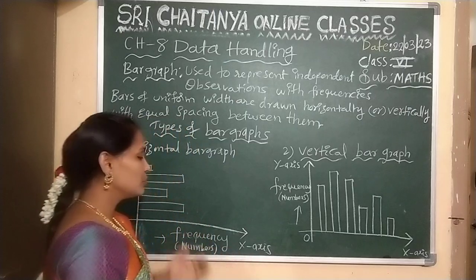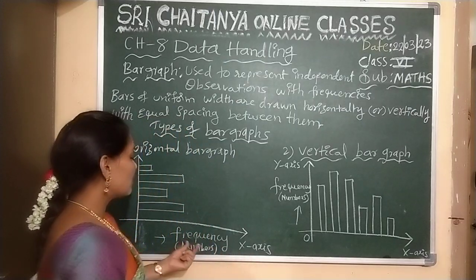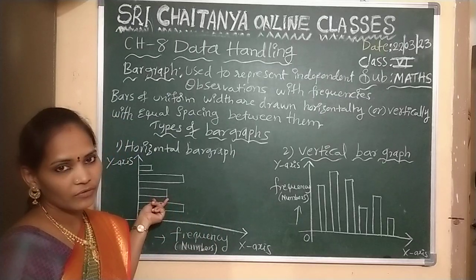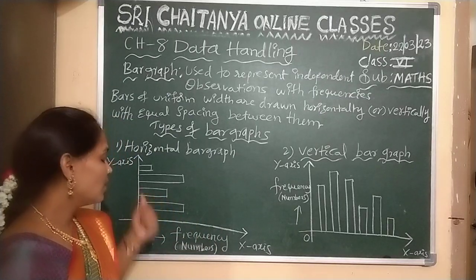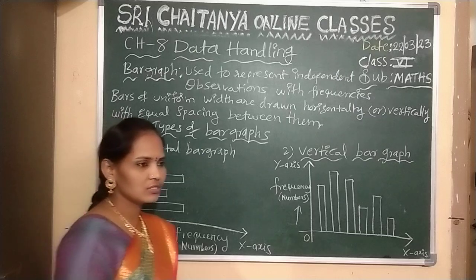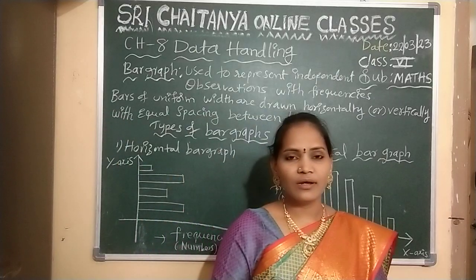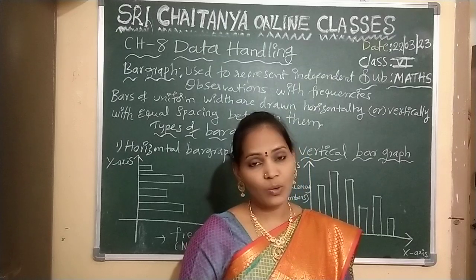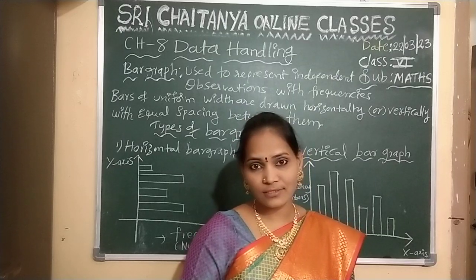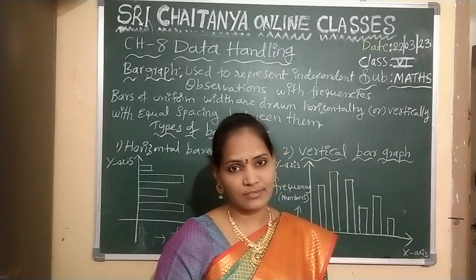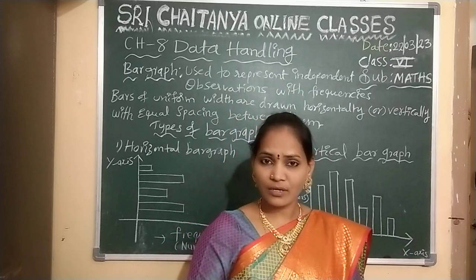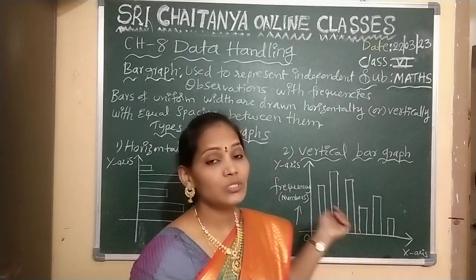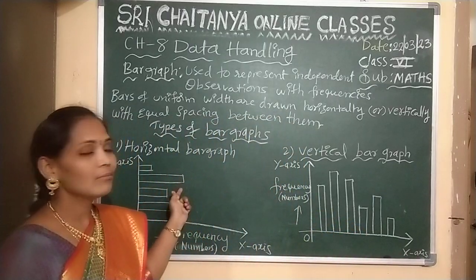If you take those numbers on the x-axis, you will get a horizontal bar graph. Numbers means what? Let us take the marks of the students. Marks we can take on the x-axis, names of the students on the y-axis. Since the marks, those numbers, are on the x-axis, you will get a horizontal bar graph.